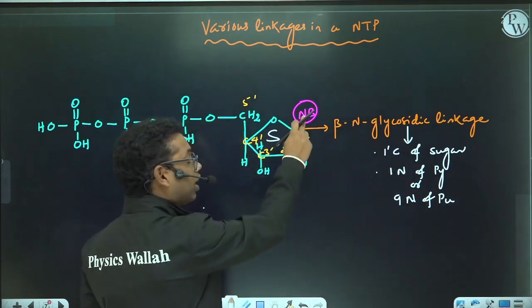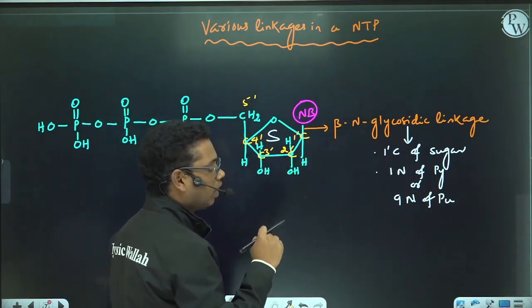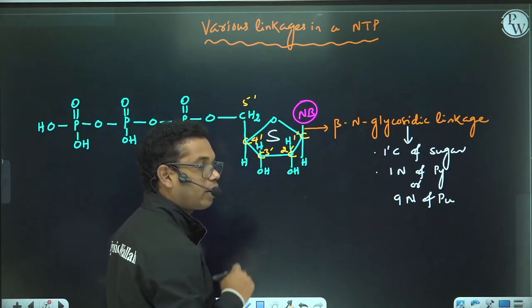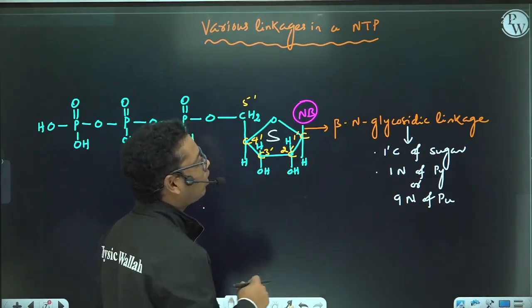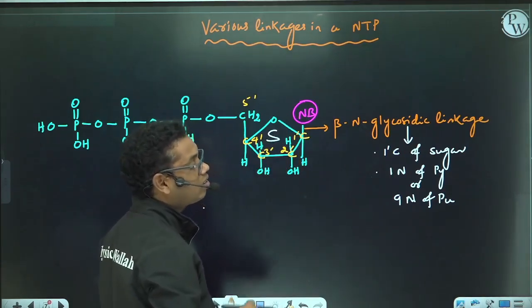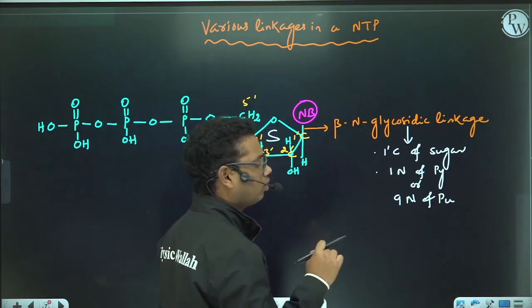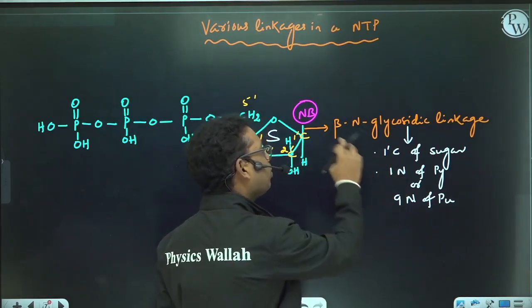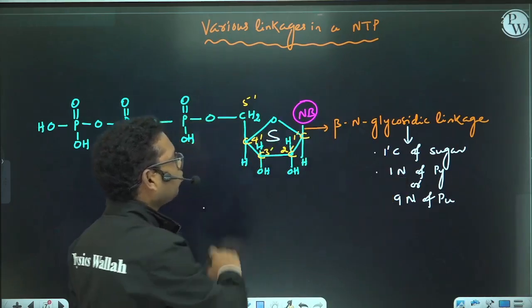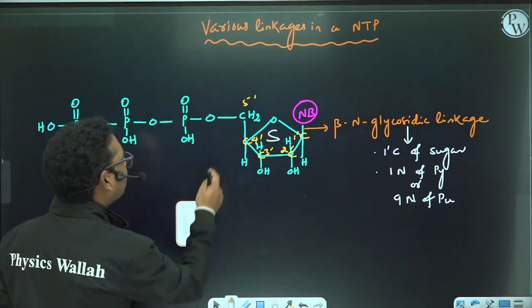If this nitrogenous base is purine, then at the 9th number there will be nitrogen, and that nitrogen will be involved in the formation of this bond. And if this nitrogenous base is pyrimidine, then the first nitrogen will be involved in the formation of this beta N-glycosidic bond. Clear?